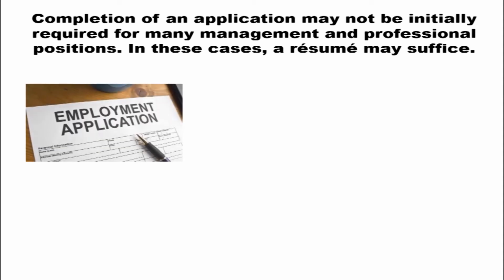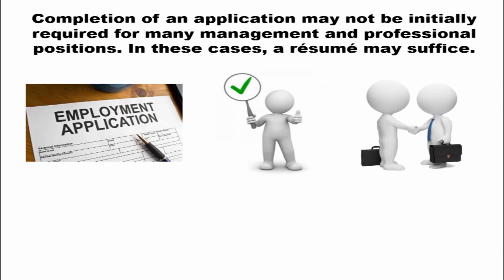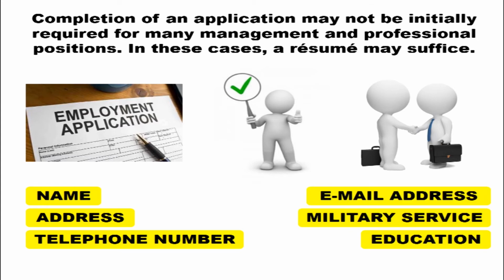A complete application usually is obtained at a later time, often for job candidates who have successfully passed the initial screening process and for whom the company intends to further consider for employment. An application typically contains sections for name, address, telephone number, email address, education, and work history.